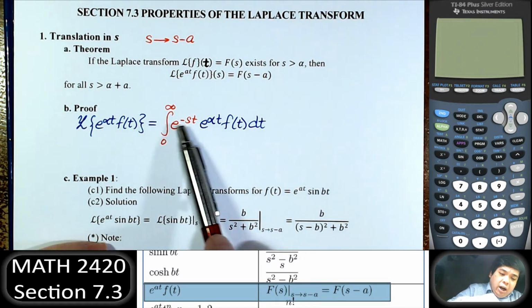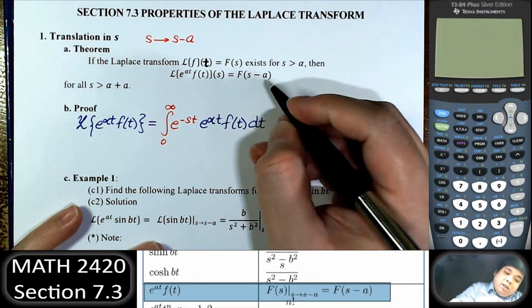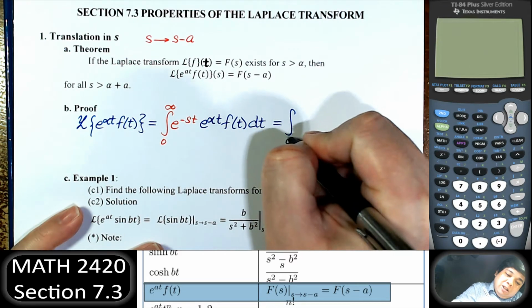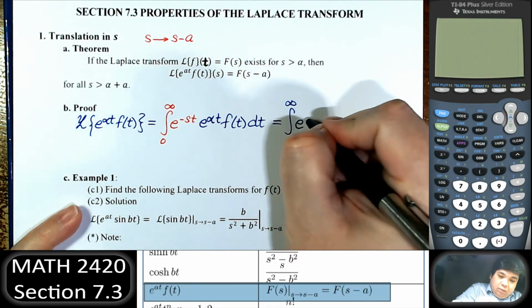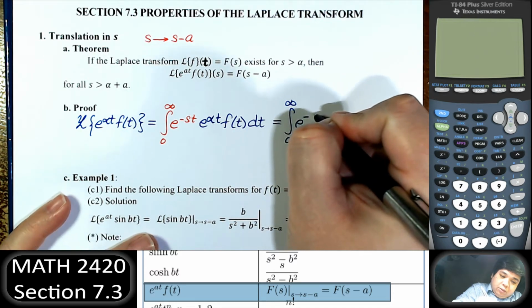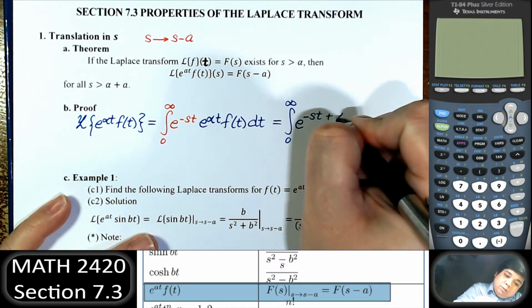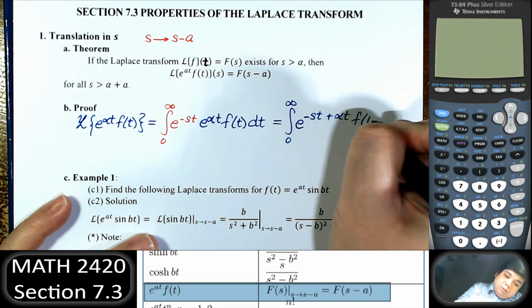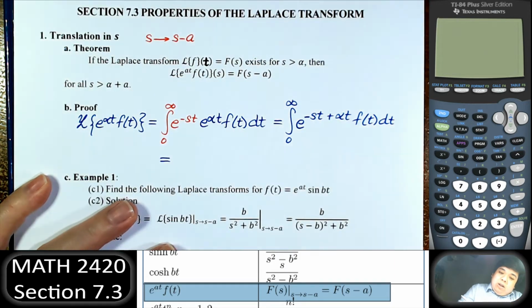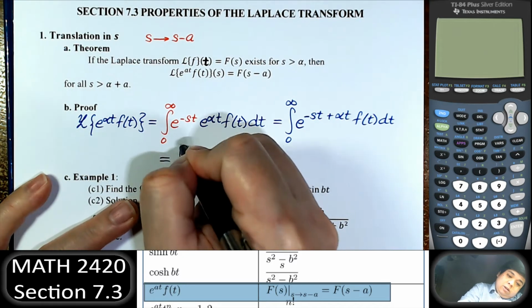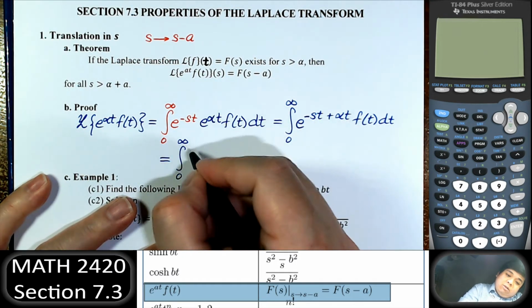Now we have this, combine the exponents. Then we can factor out the negative sign.